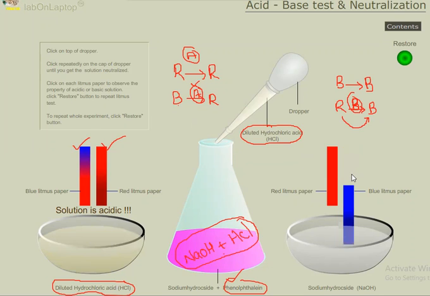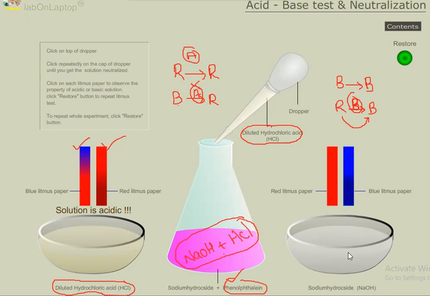Now look here. In this solution, dip the blue paper and observe if there is any change in the blue paper, and then take it out. If you observe, there is no change in the color. It is a little bit wet because we immersed it in the sodium hydroxide solution.